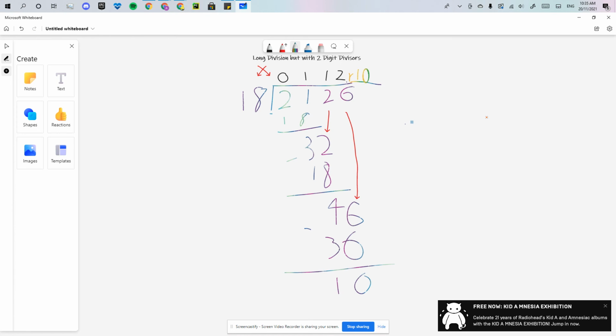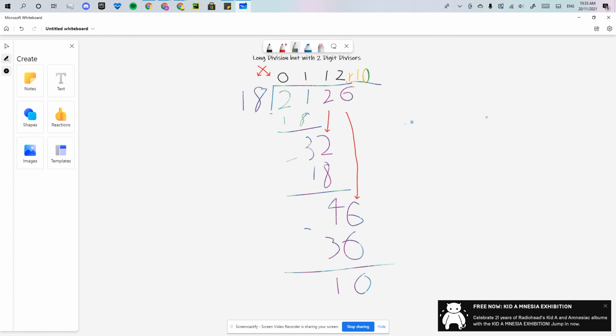Any remainder that has a value starting from 1 all the way up to 17 in this case is fine, because if it's 18 then it will be too much of a remainder.